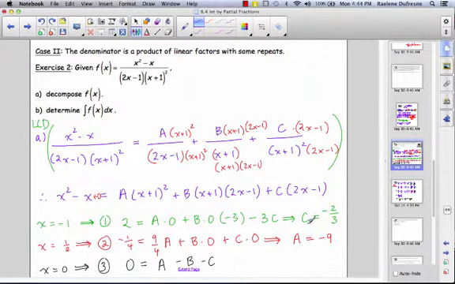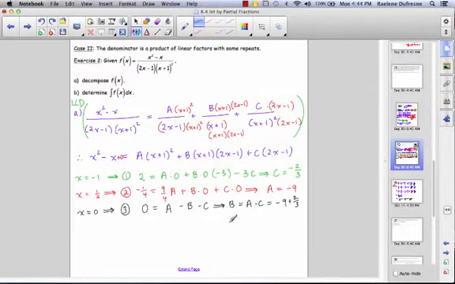And so since we know the values for a and c, we can solve for b. So b is equal to a minus c, which is going to be negative 9 plus 2/3, and therefore we get that b is equal to negative 27 plus 2, which is negative 25 all over 3.